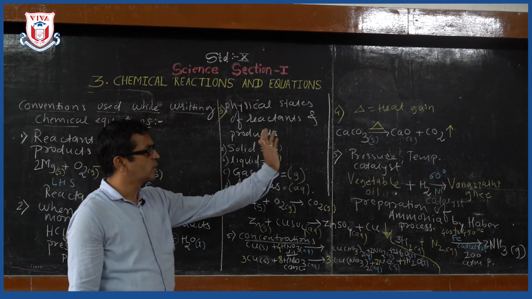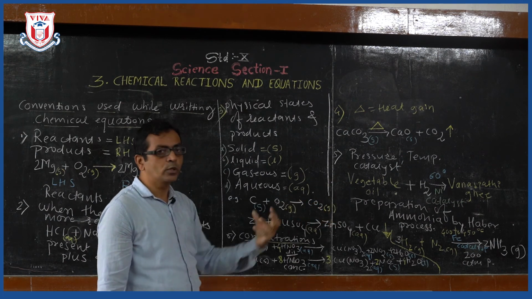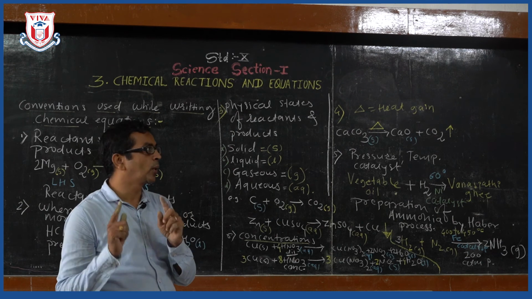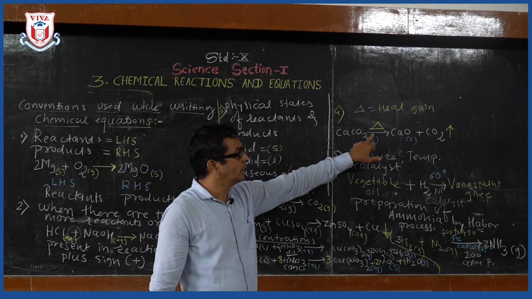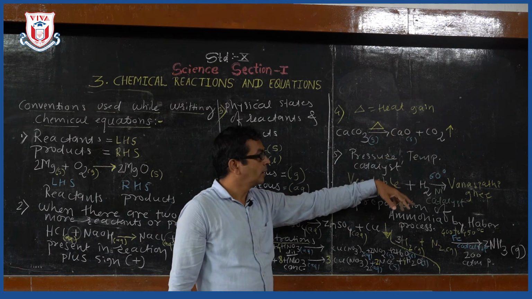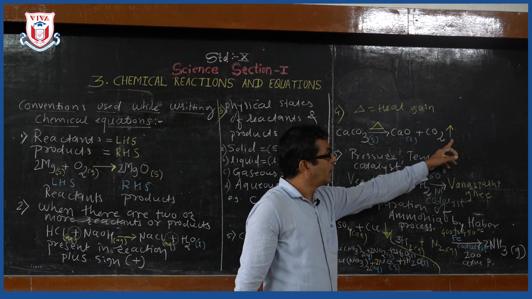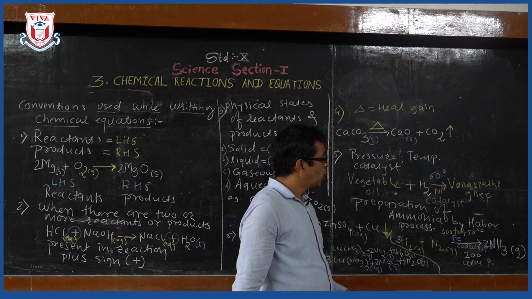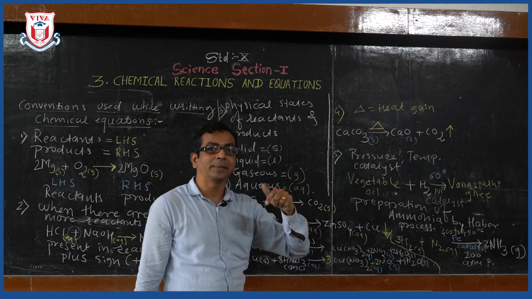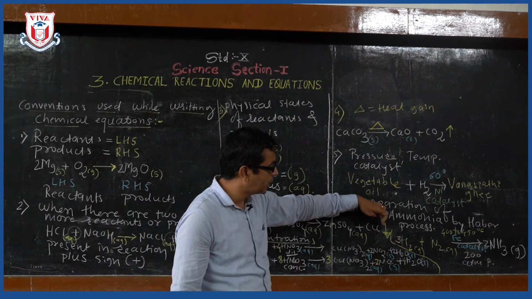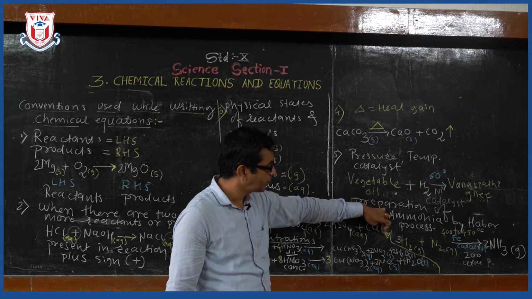Same way, there are certain rules you have to follow. When you supply heat, when you carry out any reaction, when you supply heat, you have to write a triangle on the headed arrow. When a gas is evolved, then you have to write an upward arrow. When a solid, or you can say a precipitate, is formed, at that time you have to write the downward arrow, like here I wrote.